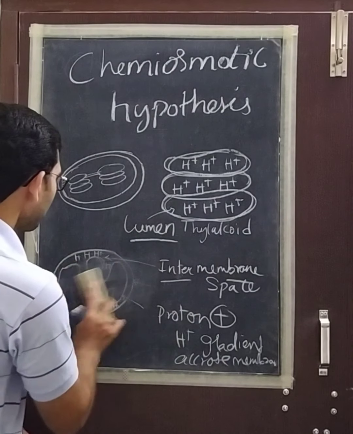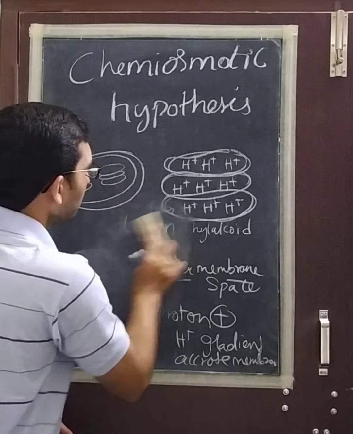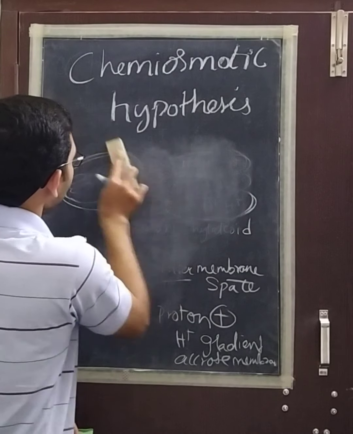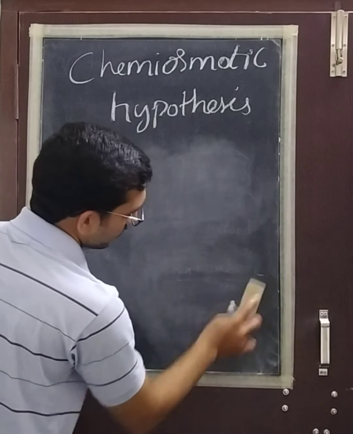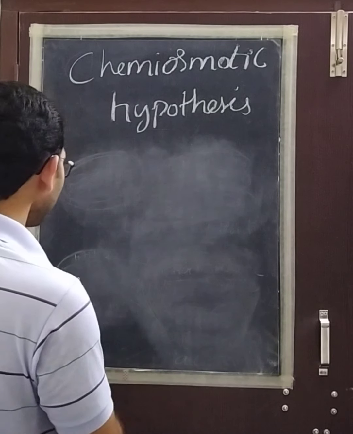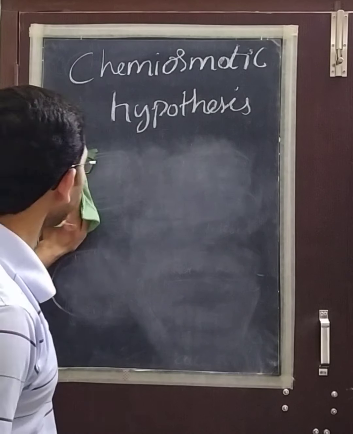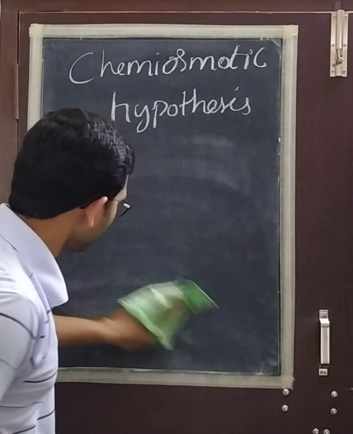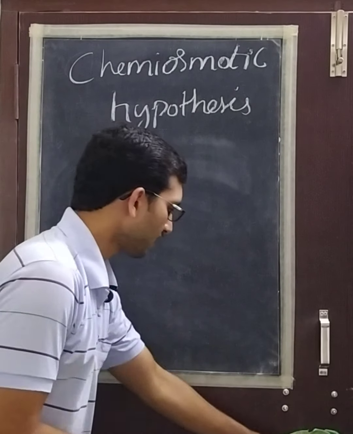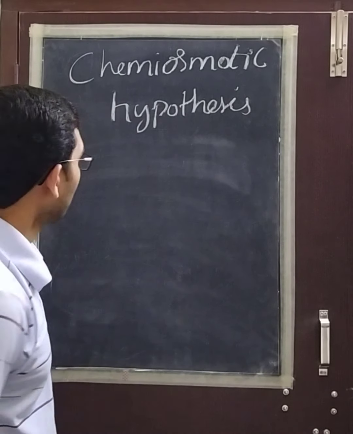To do this we are going to take the help of one thylakoid membrane. We are discussing photosynthesis, right? So in this topic we will take one thylakoid membrane and see what causes this proton gradient across the membrane.